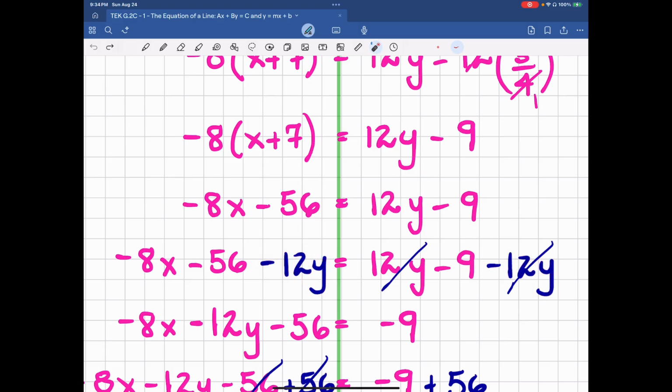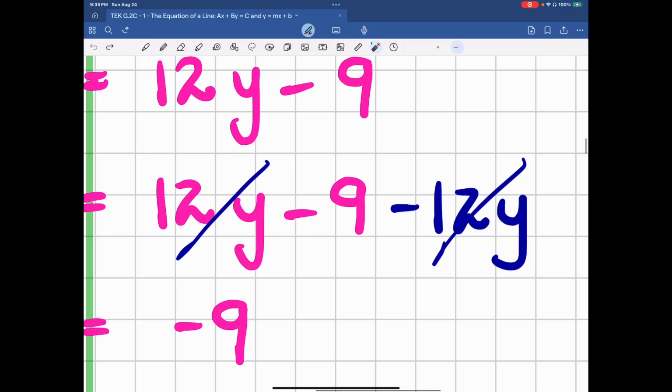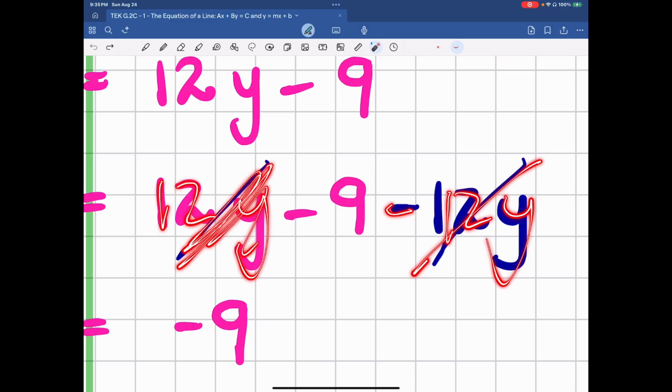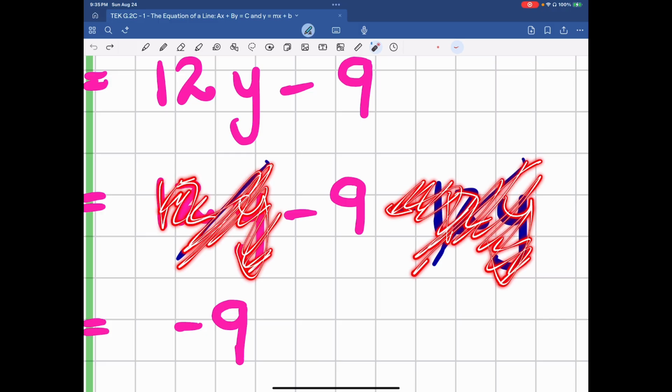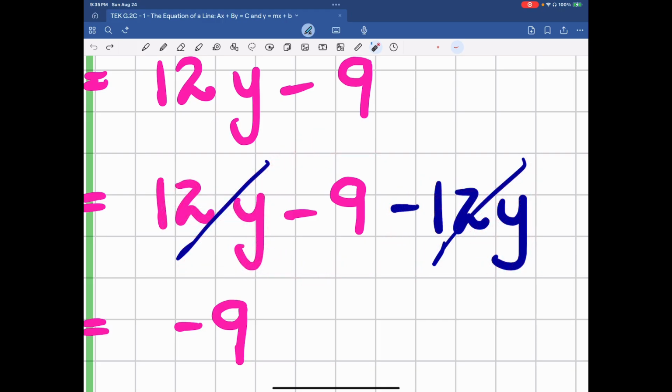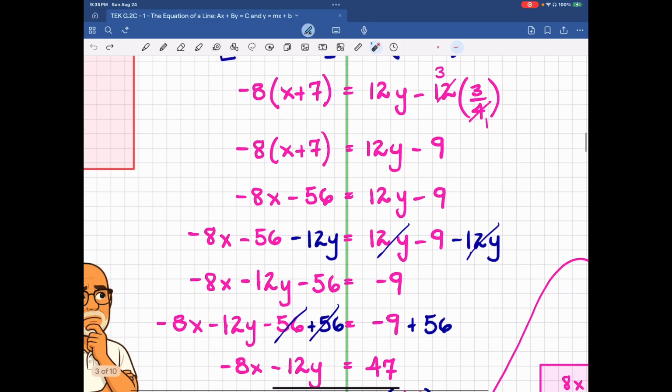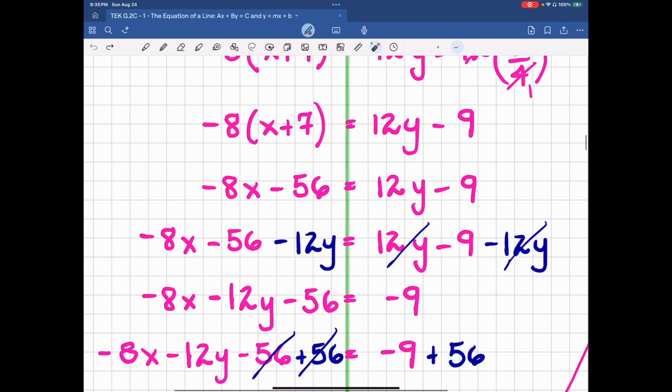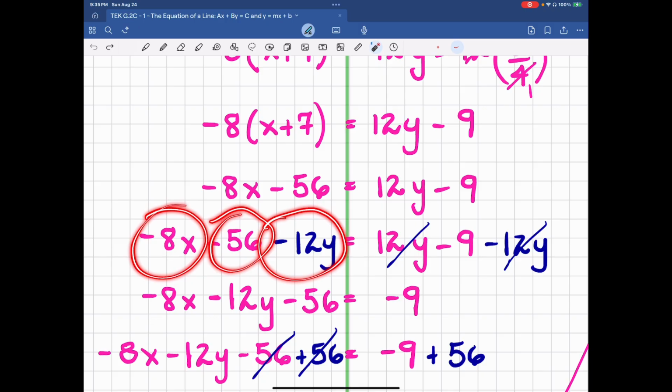Now look what happens on this side. If you have plus 12y, minus 12y, these things cancel out. It's as if they no longer exist. The only thing that matters now is this negative 9. So notice my next step. I have my x's, my numbers, and some y's.